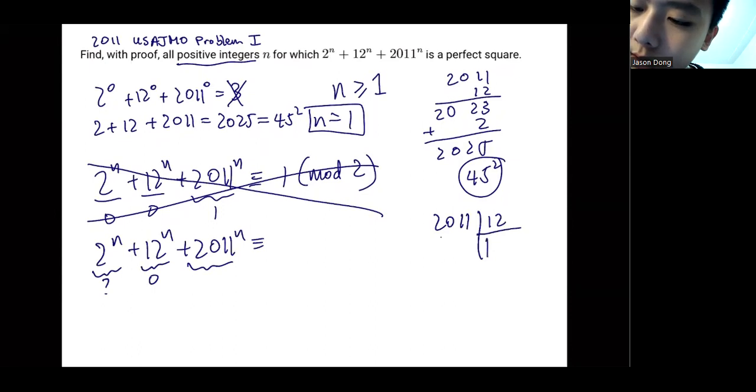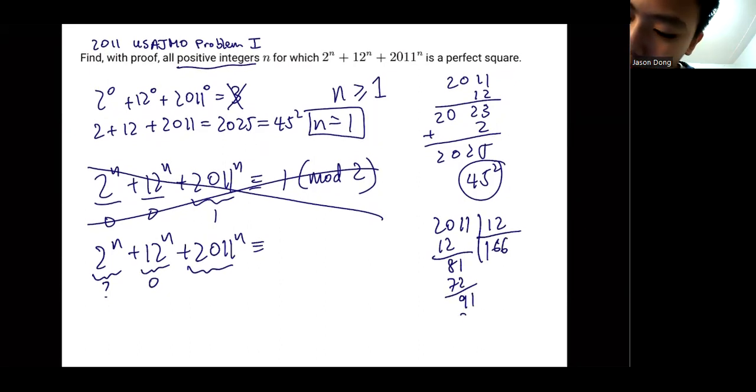So 12 times 167 is 2004, and the remainder is 7.